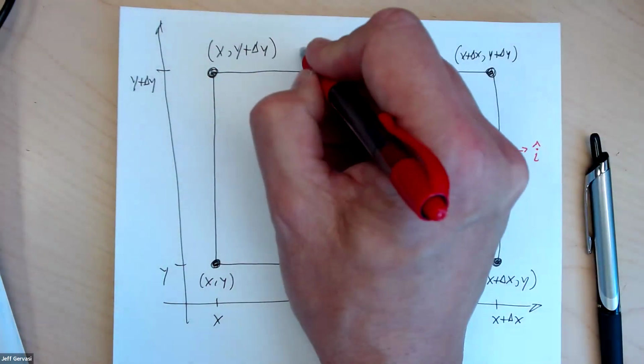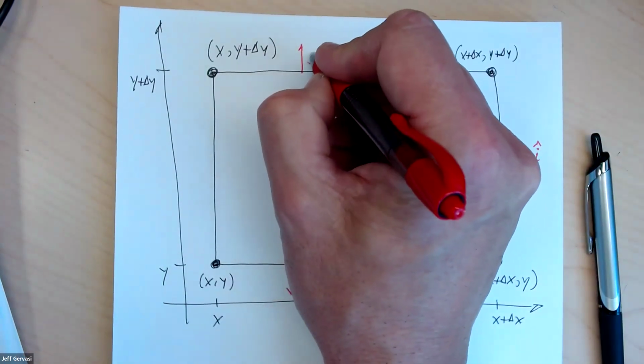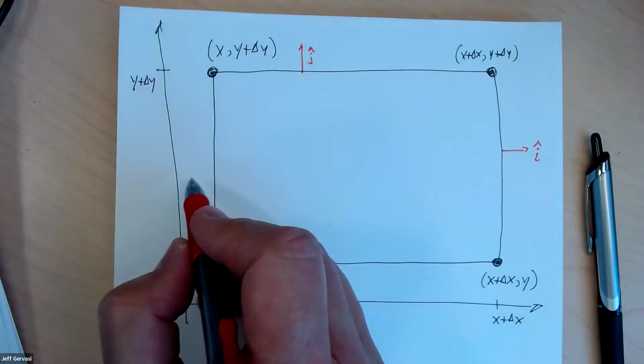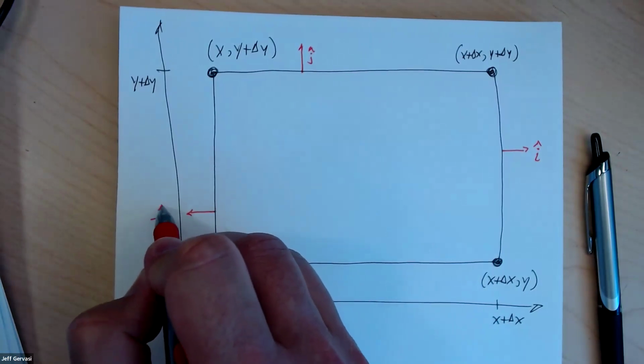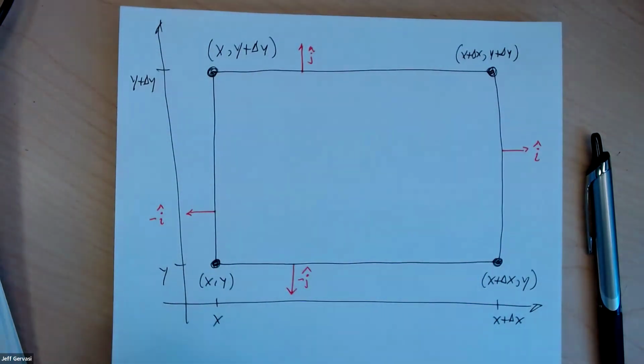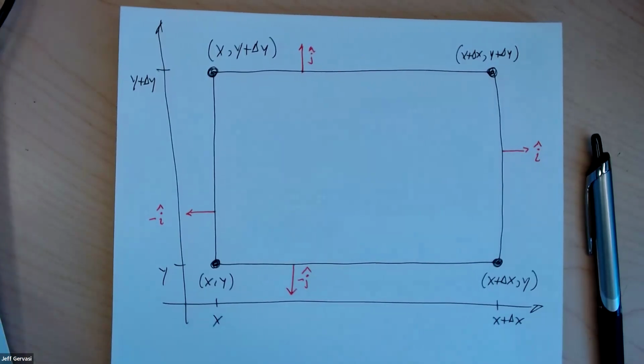Along this side, positive j. And along this side, negative i. So I've got a unit normal vector to all four pieces of the curve, my rectangle. I've got the length of each piece of the curve. And remember, this is a really, really tiny element. We're just magnifying it so we can see it better. What I don't have is the field yet. All right, so let's do this.